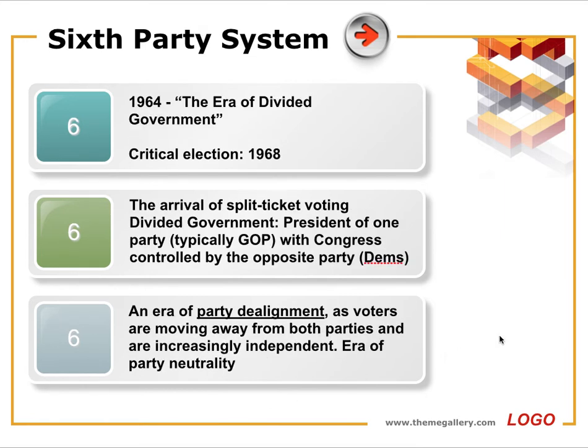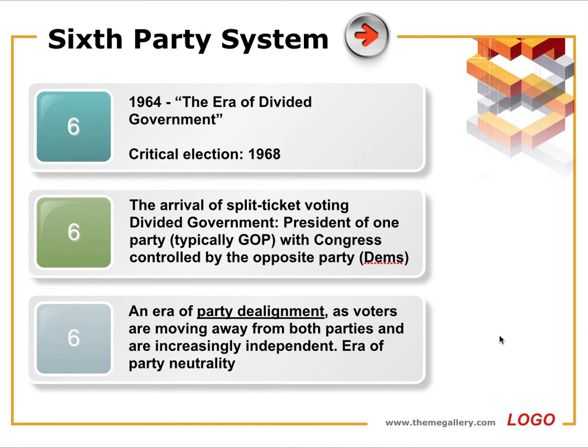Now, 1968, the end of the FDR coalition and the beginning of the era of divided government, which we're still in. So this is the longest lasting era that we've had. And what that did was usher in the arrival of split ticket voting, which means the president is of one party and the Congress is controlled by the opposite party.